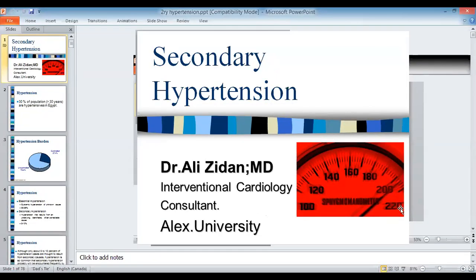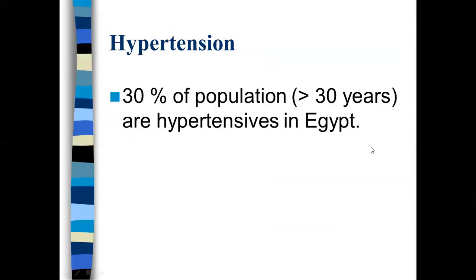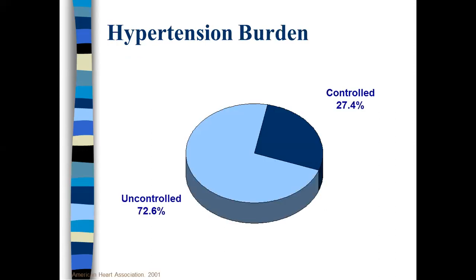In secondary hypertension, as we all know, the incidence of hypertension as a whole in our country is 30% of the population. This accounts for about 30-something million people in Egypt who have hypertension.